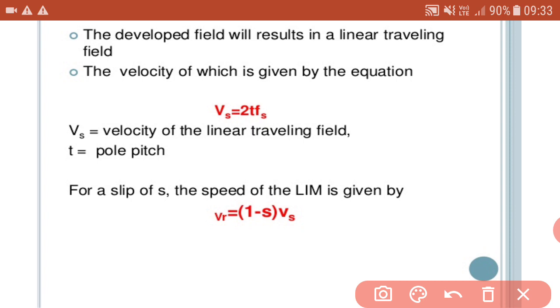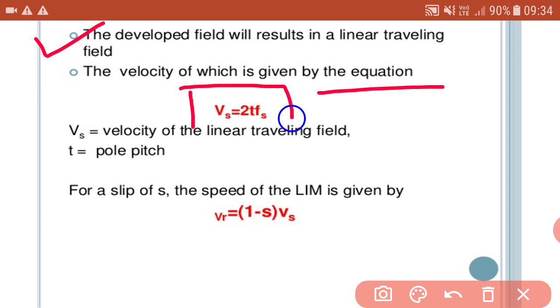Now the developed field will result in a linear traveling field, the velocity of which is given by the equation Vs equal to 2t into fs.